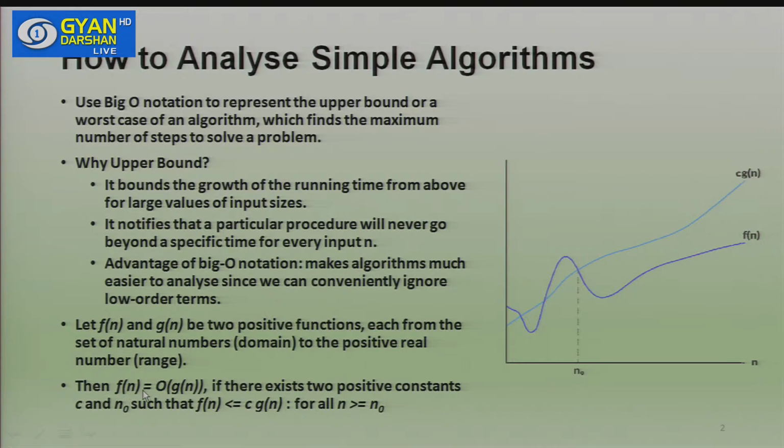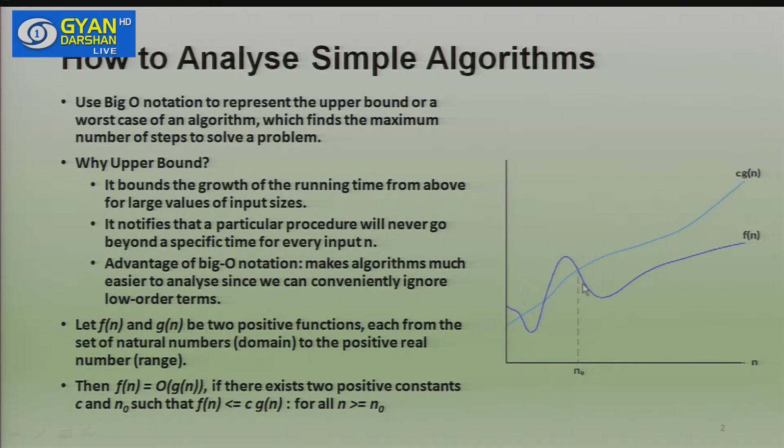Then how are we defining big O notation? f(n) equals big O of g(n) if there exist two positive constants c and n0 such that f(n) is always less than or equal to c g(n) for all n greater than or equal to n0.